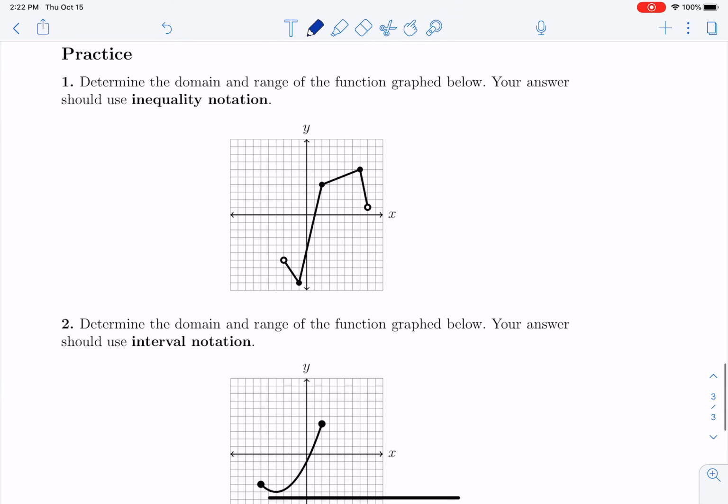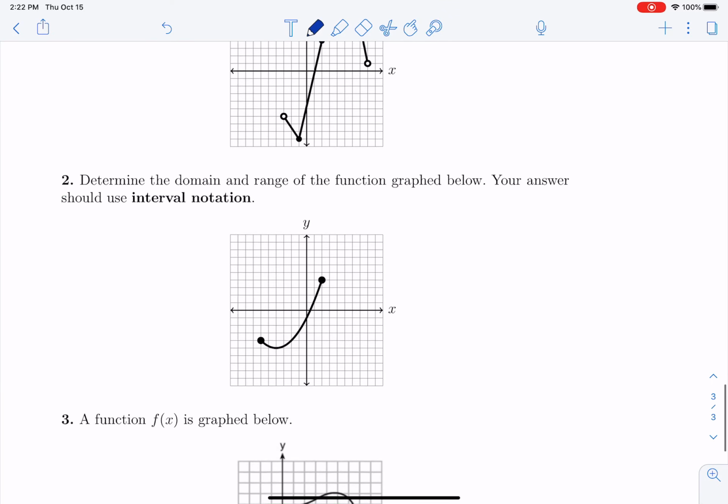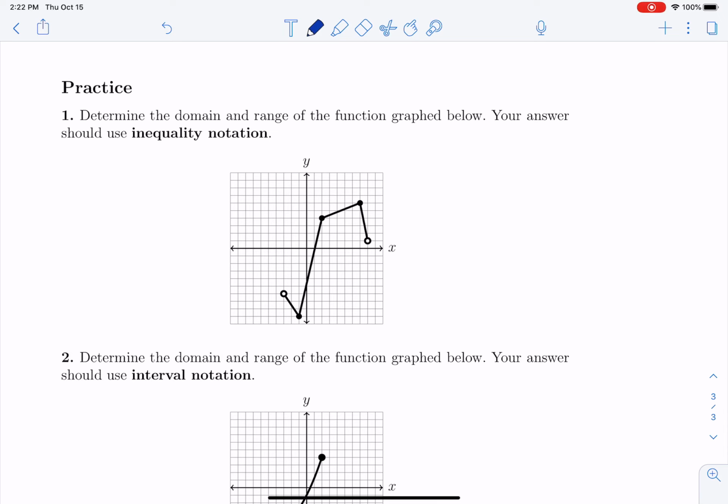Okay, there are a few practice problems you were asked to do in Desmos. Again, just be careful about this unfilled in circle, that empty circle there.